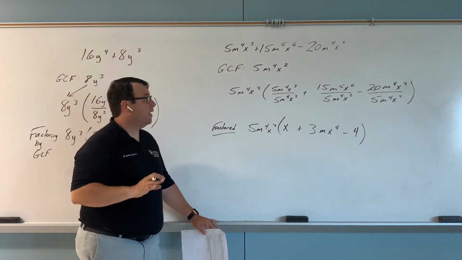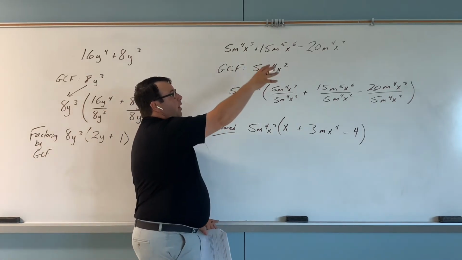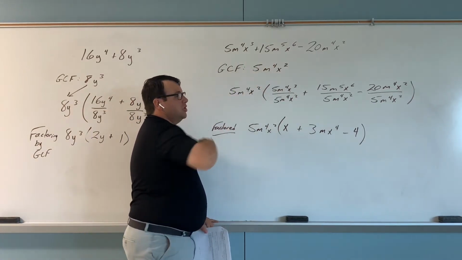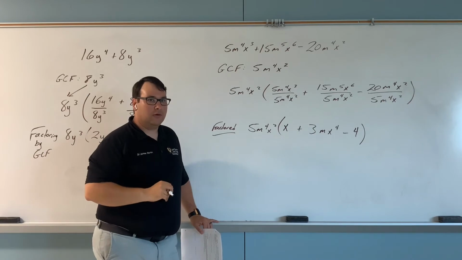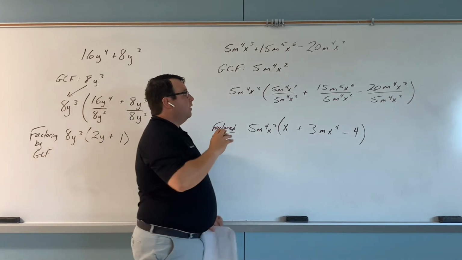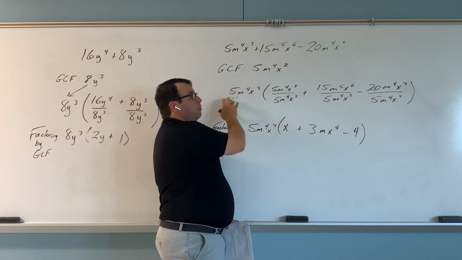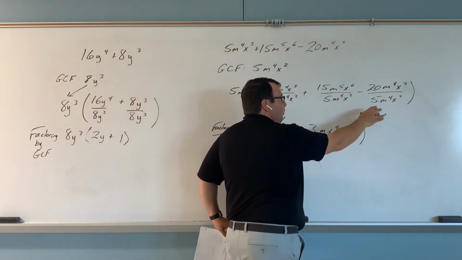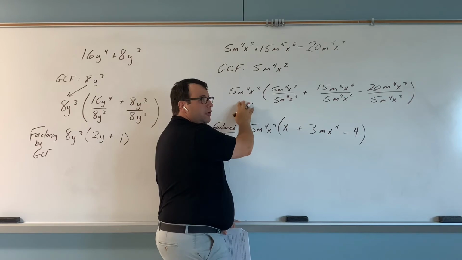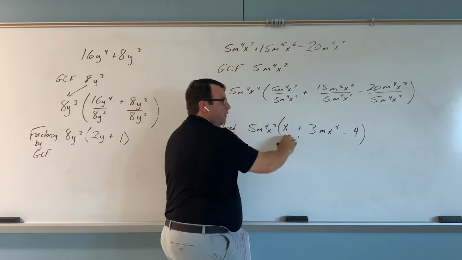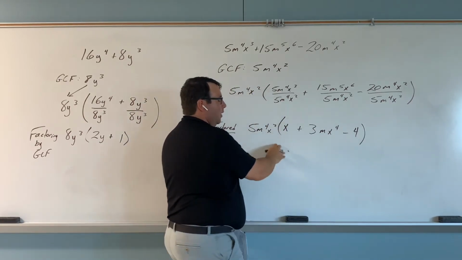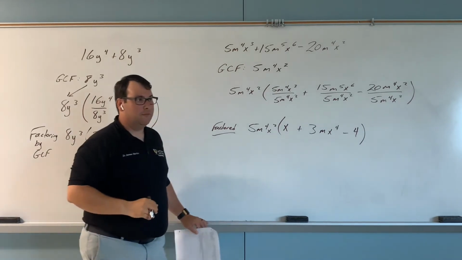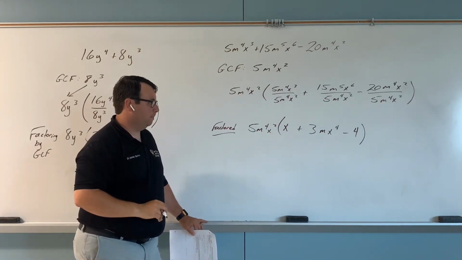Okay, so again, step by step, starting with my original, I'm finding out what is my GCF, my greatest common factor. I am then taking that greatest common factor, pulling it out to the side, which means I'm dividing each one of my terms by that common factor, simplifying them, and that gives me my factored version of this polynomial.